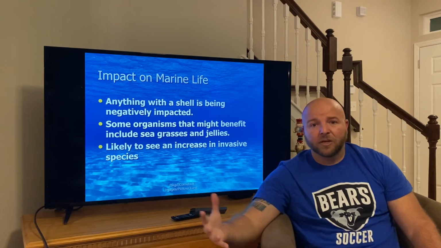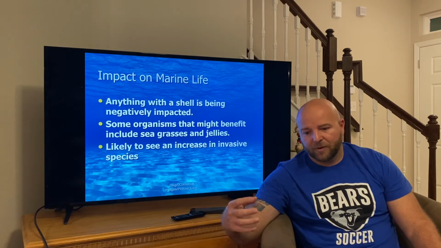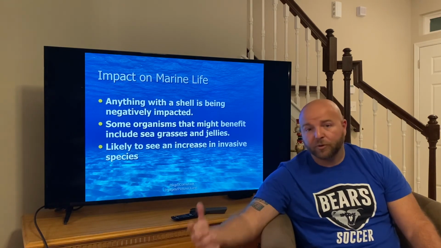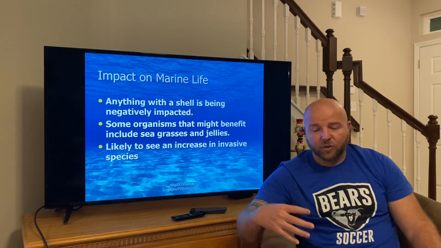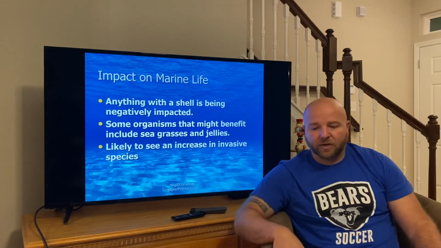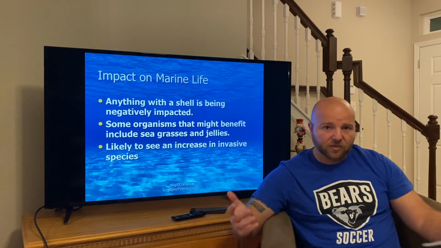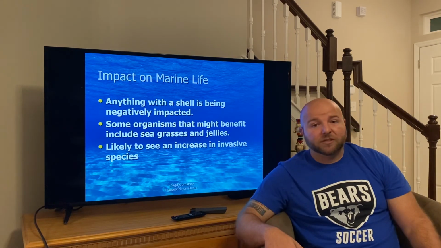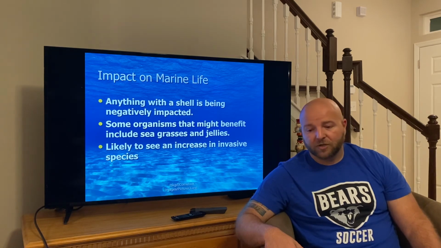How can we be reducing the amount of waste and trash and that kind of thing? How can we be reducing our carbon footprint so that we don't continue to see this rise in CO2 in the atmosphere? What are some of the things that we can be doing as individuals and as a society to try to balance some of this stuff out and make sure that we don't destroy it all?